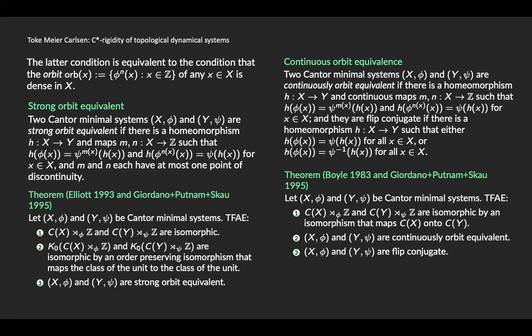And Giordano, Putnam, and Skau then used a result of Mike Boyle to show that the crossed products of two Cantor systems are isomorphic by an isomorphism that maps C(X) onto C(Y) if and only if the Cantor minimal systems are continuously orbit equivalent, and if and only if the systems are flip conjugate.